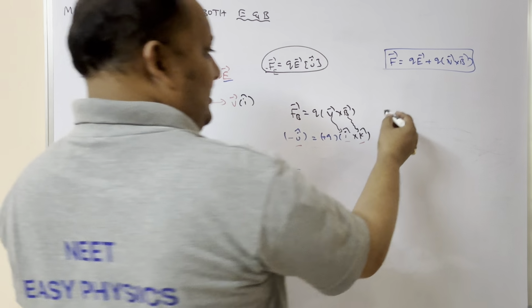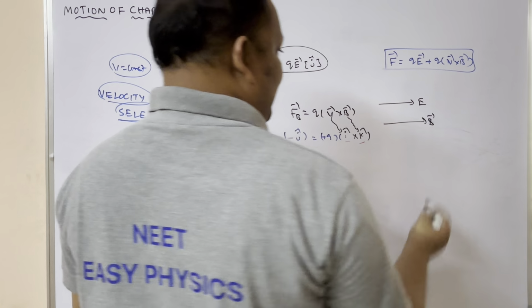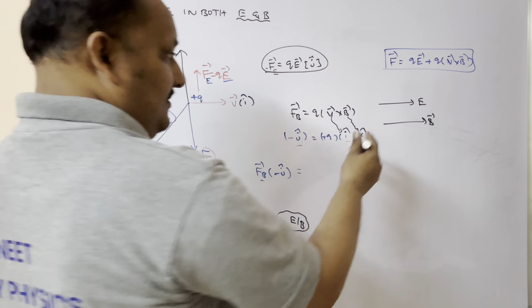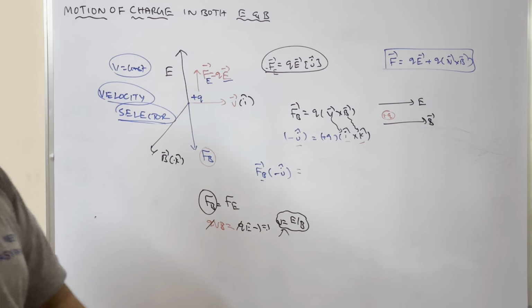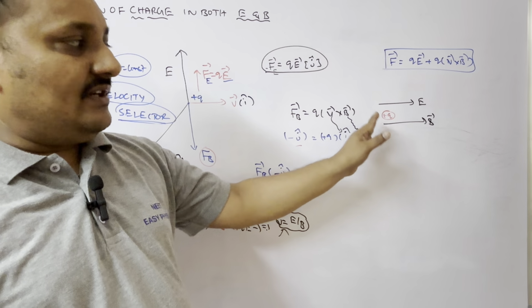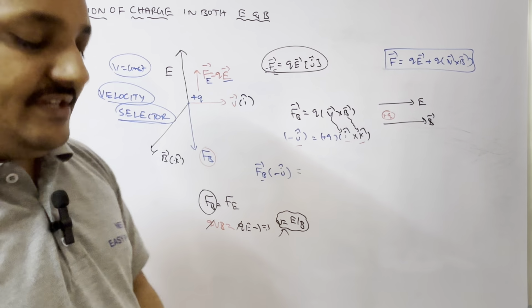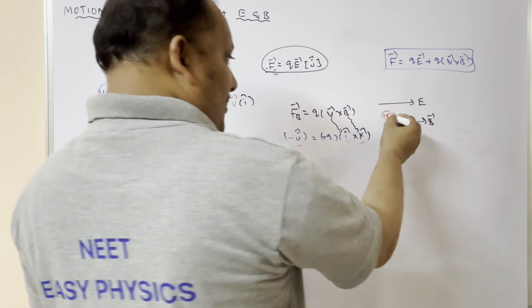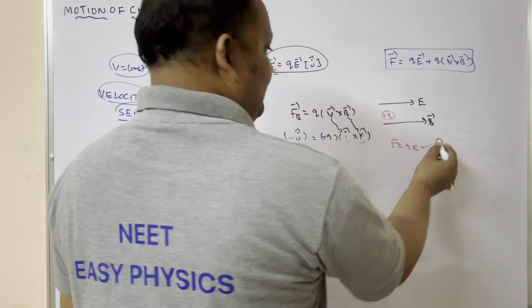Let us assume you are applying both electric field, magnetic field in same direction. If you leave one positive charge here, then this positive charge will move or not means this will be moving in which direction means on this charge force is acting due to electric field.